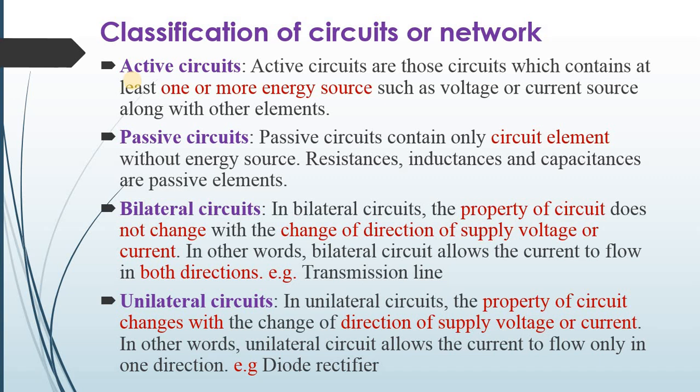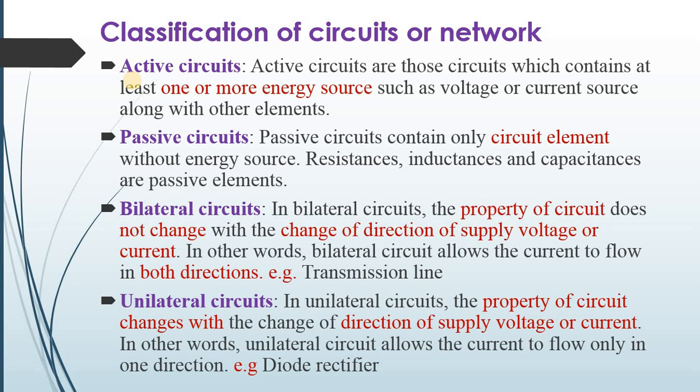In another way, networks are classified into bilateral and unilateral circuits. In a bilateral circuit, the property of the circuit does not change with the change of direction of supply voltage or current. In other words, a bilateral circuit allows the current to flow in both directions.